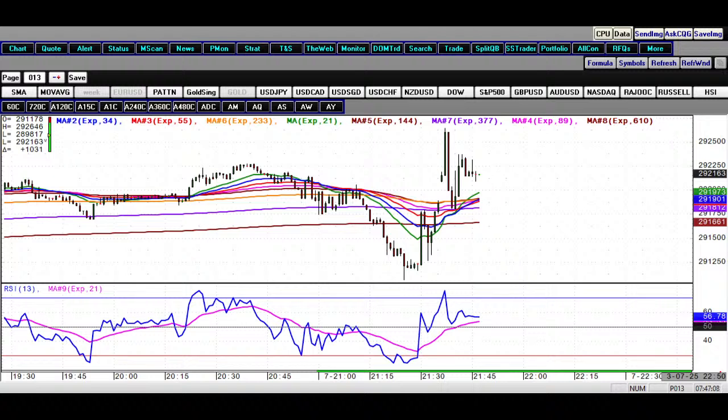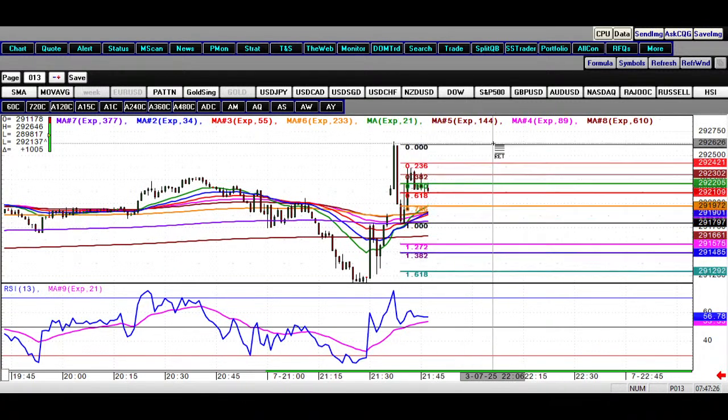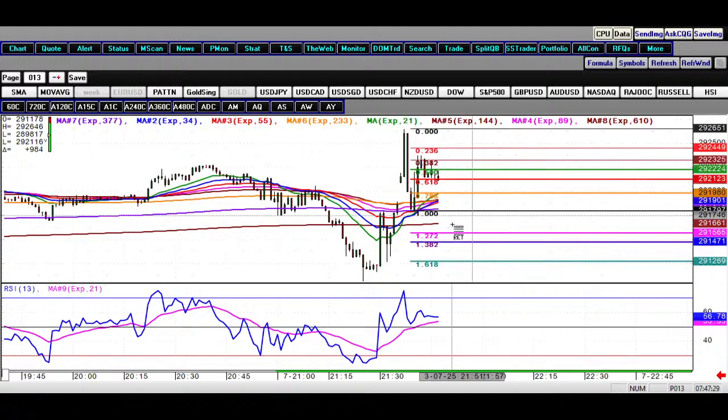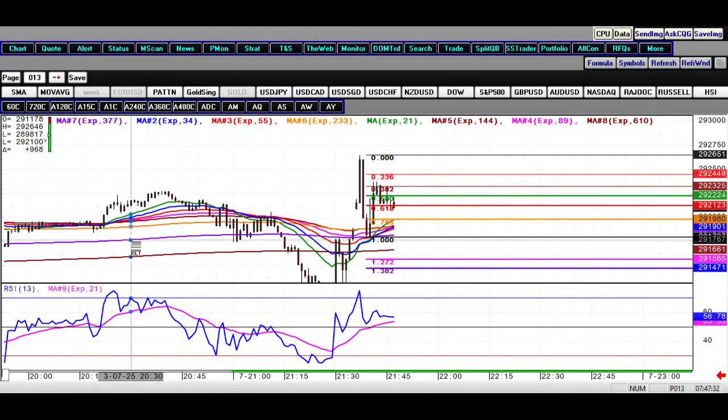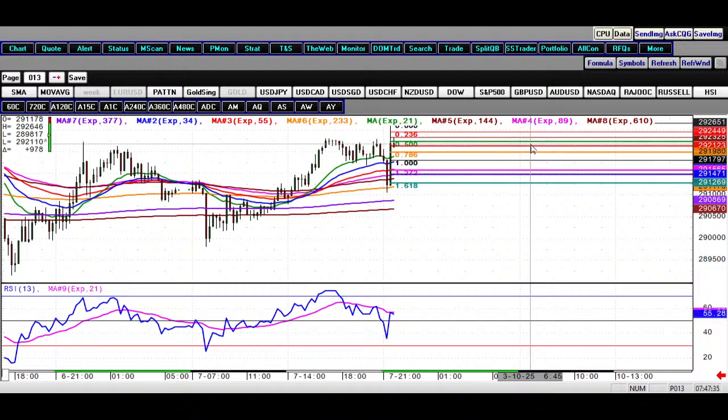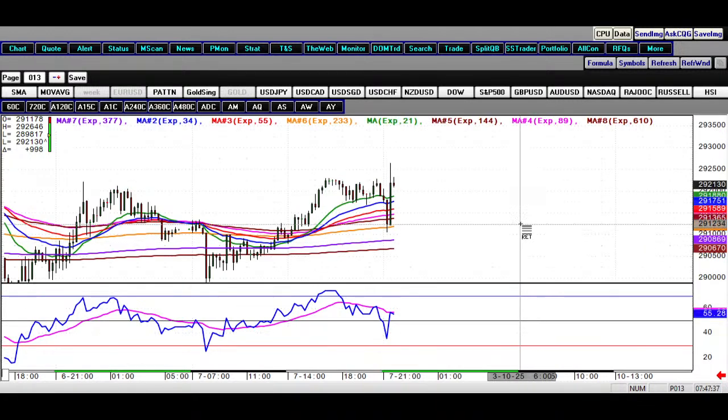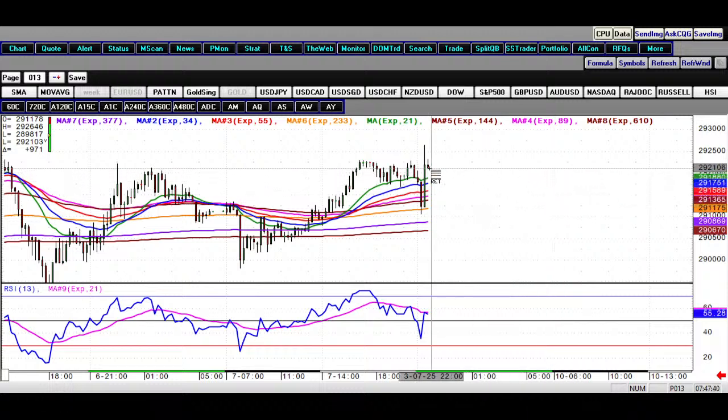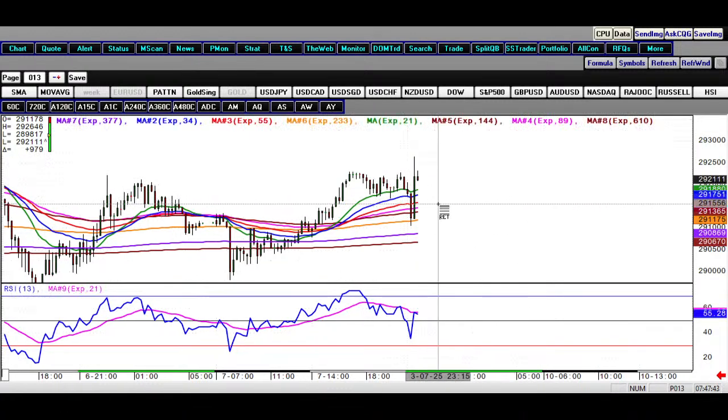For the re-entry, we are looking to try to buy at... you see this kind of signal, it would be good to go for a sell.